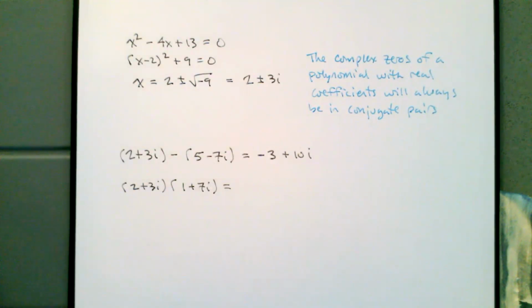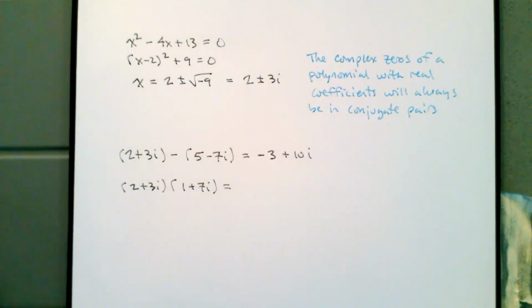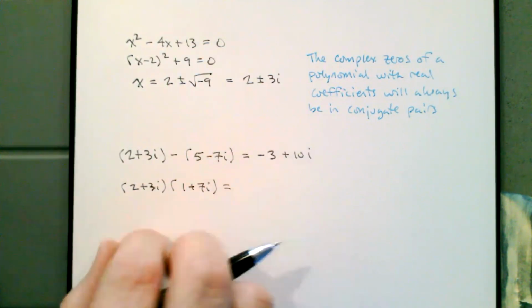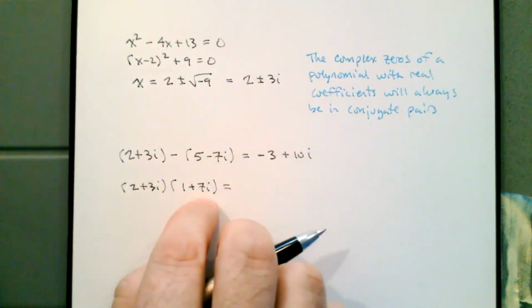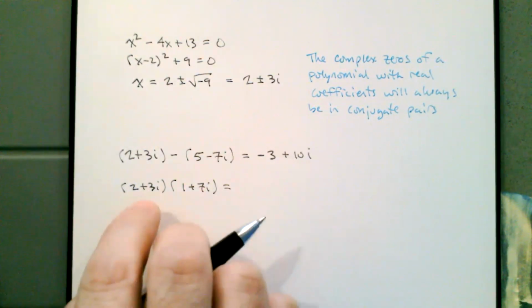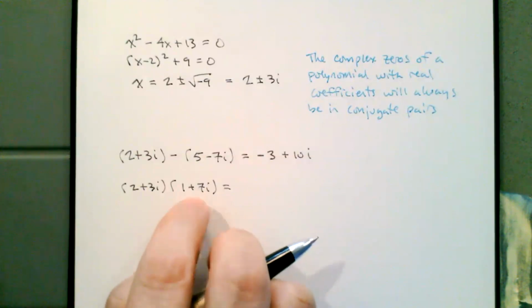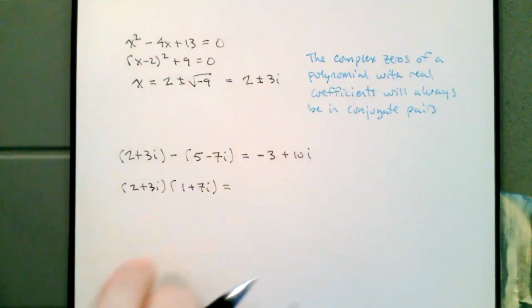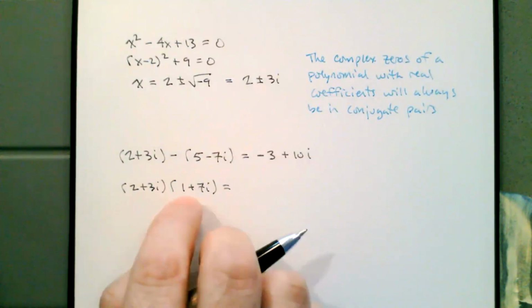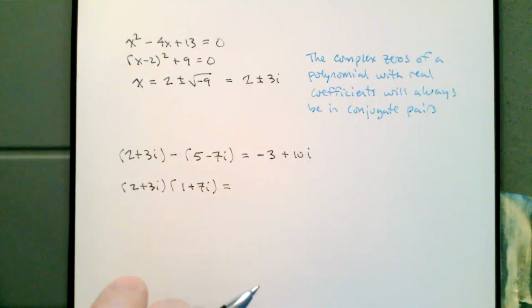You already know how to multiply these. Multiplication and addition combine with distribution. Multiplication distributes over addition. So we know to multiply each term of one complex number by every term of the other complex number.